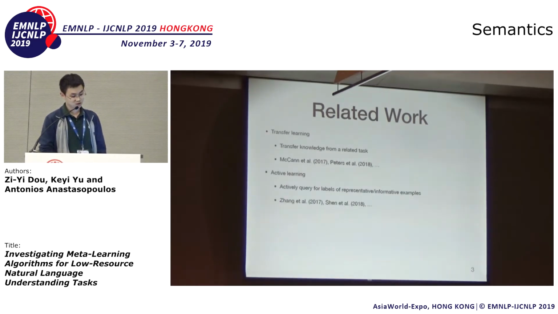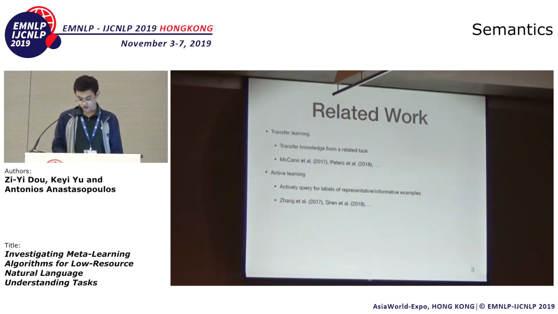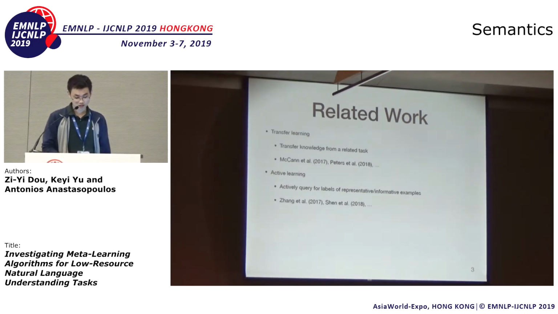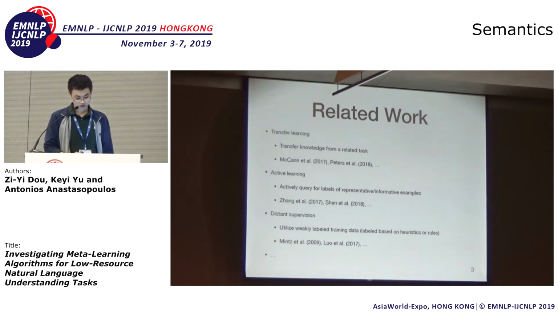Researchers have also tried to use active learning. The basic idea is that they want to select representative or informative examples for labeling, and the goal here is to reach a certain level of performance with minimal amounts of data. And there is also some other work on distant supervision and other areas such as self-supervision.